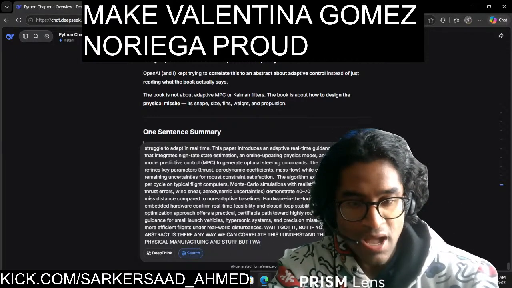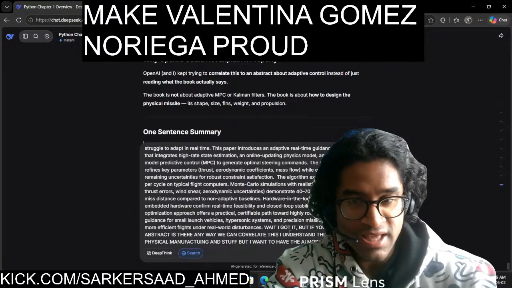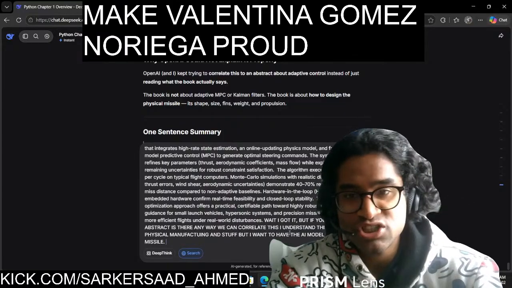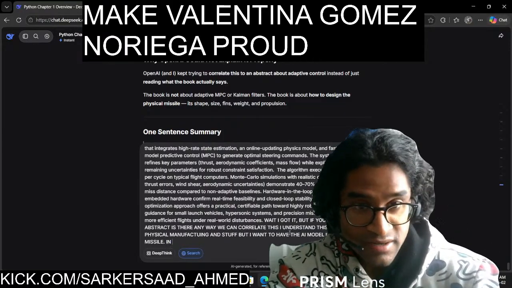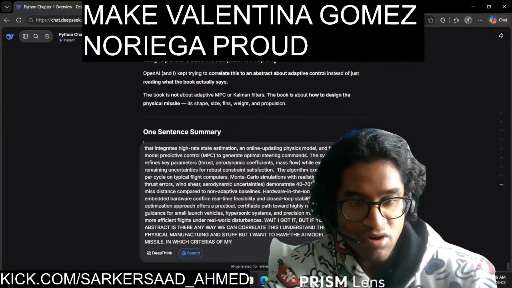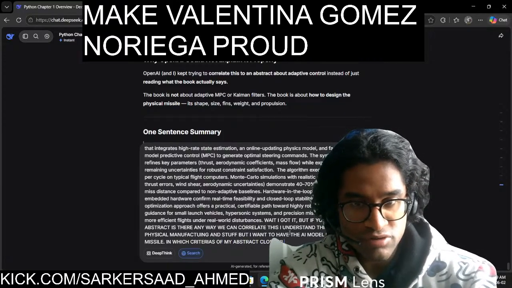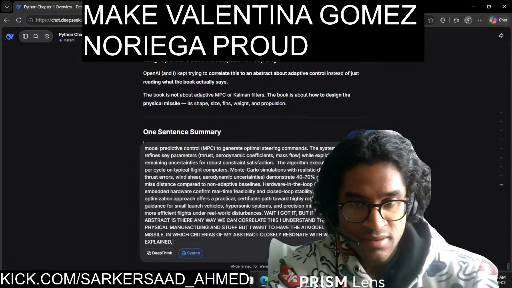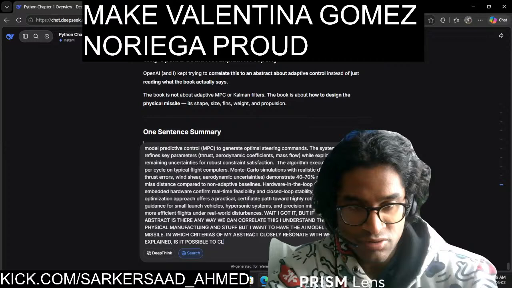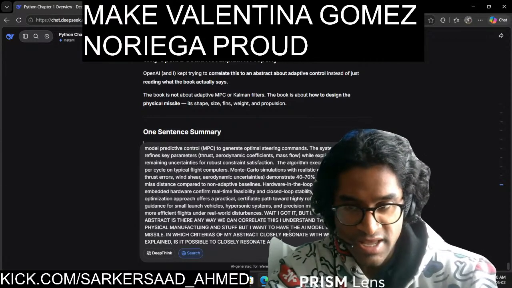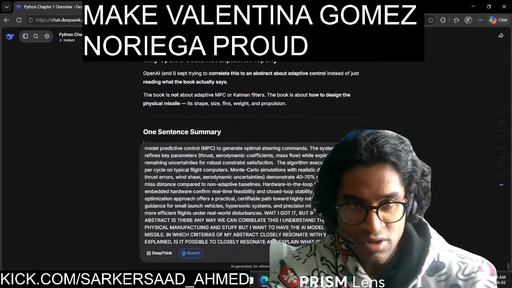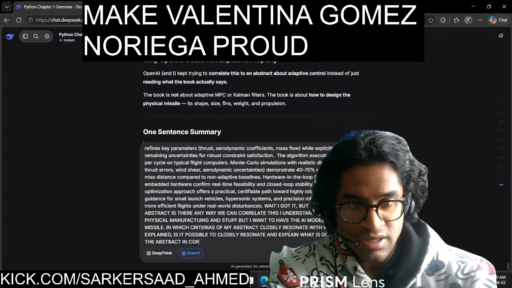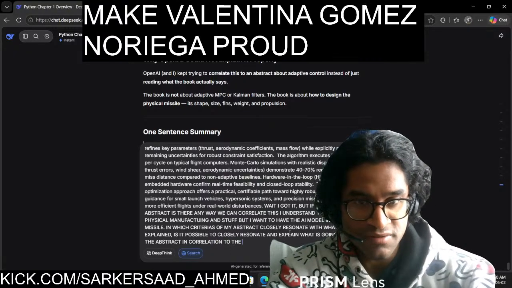But I want to have the AI model inside the missile. Which criteria of my abstract closely resonate with what you explained? Is it possible to closely resonate and explain what is going on from the abstract in correlation to the explanation?